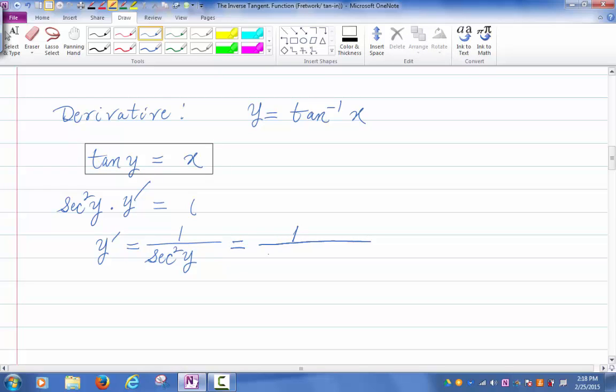I know that secant squared of y is 1 plus tangent squared of y. However, what does that mean? It means I have 1 plus tangent of y, whole squared. And do I know what tangent of y is? Tangent of y is x, right here. So I get 1 over 1 plus x squared.